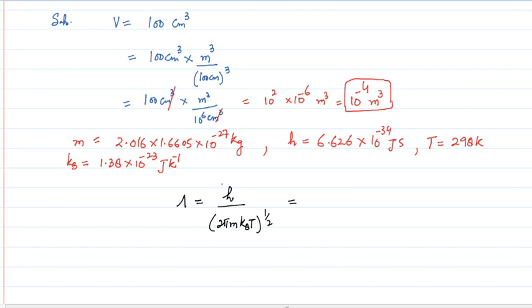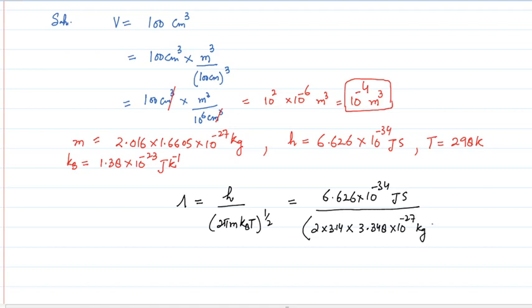We insert the values: Planck's constant 6.626 into 10 raised power minus 34 joule second, upon 2 into 3.14 multiplied by the mass converted into kg, 3.348 into 10 raised power minus 27 kg, multiplied by Boltzmann's constant 1.38 into 10 raised power minus 23 joule per Kelvin, and by the temperature 298 Kelvin, and the square root of the whole term.